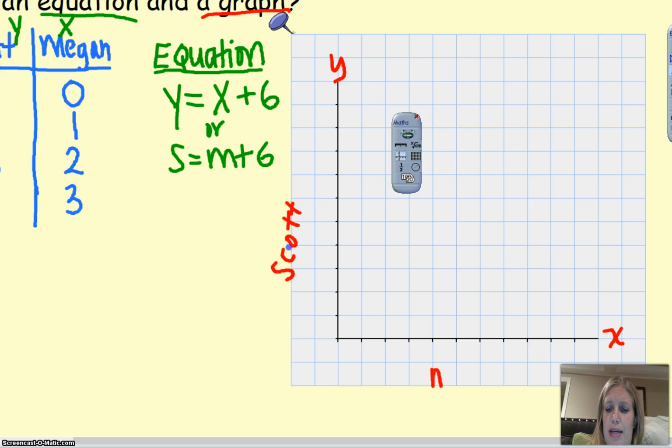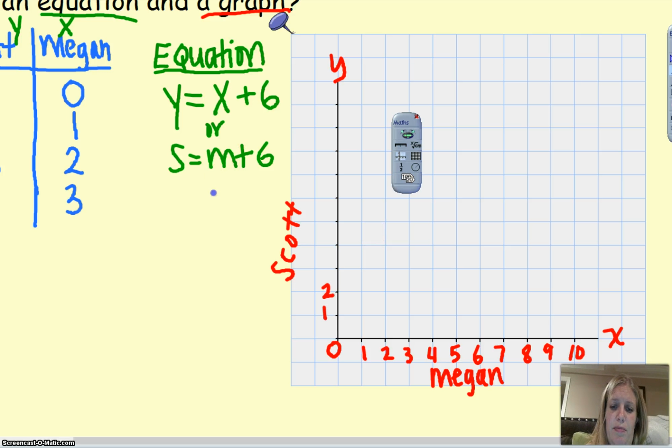I'm going to write Megan down here. Okay, and then we have 0 here. Everything will be 0 there. And this will be 1, 2, 3, 4. Okay, and for Scott, same thing, 1. So we're just labeling our axes.